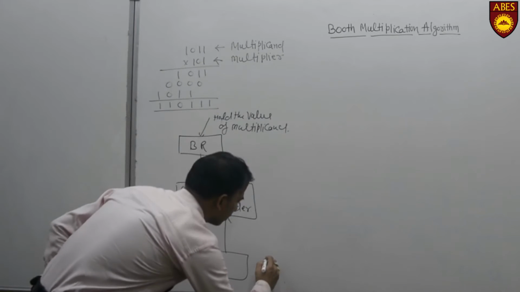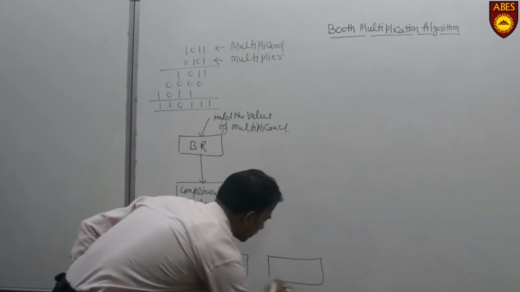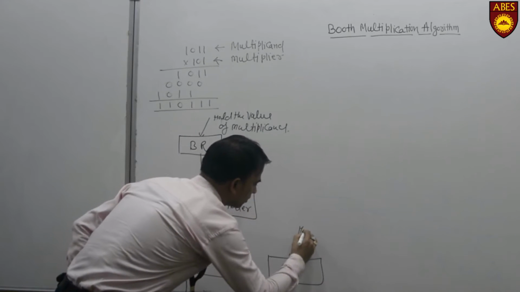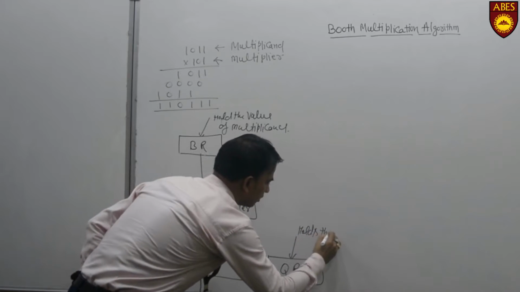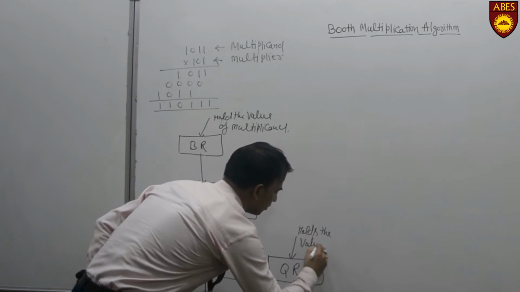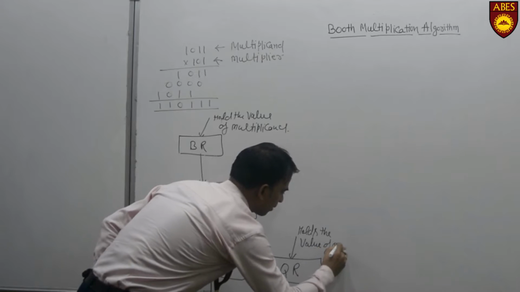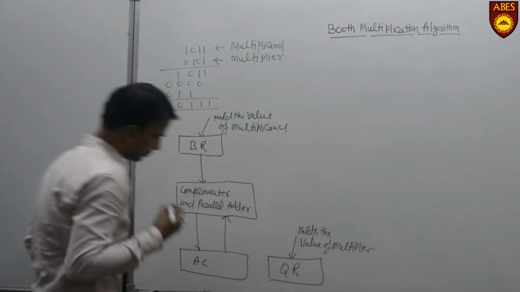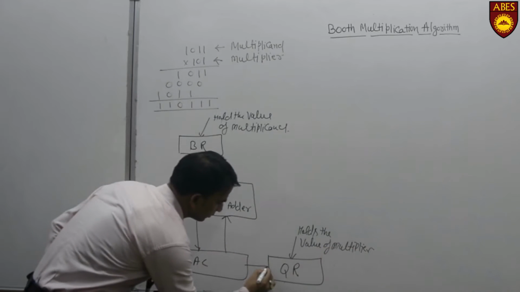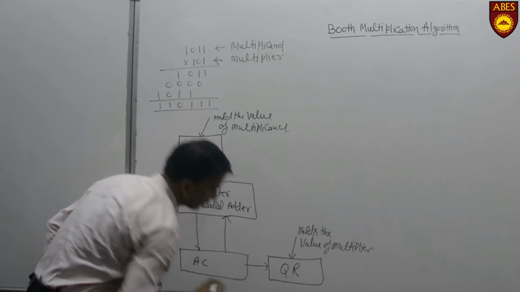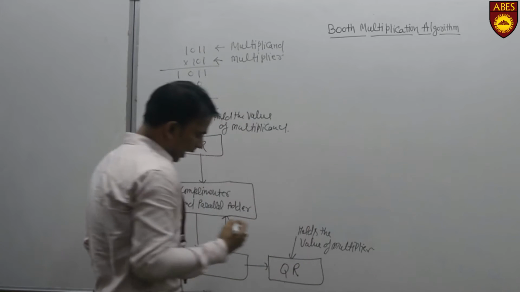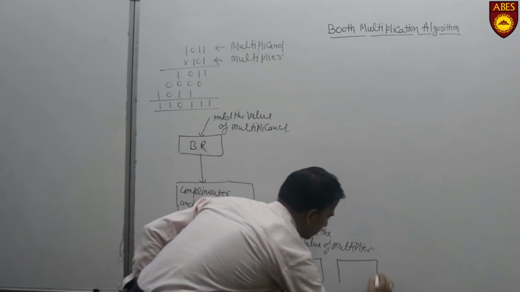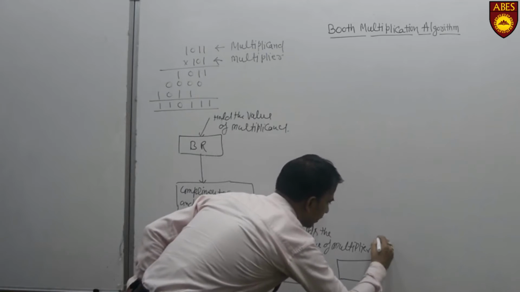We require another register called QR, which holds the value of the multiplier. And we also append an extra flip-flop called Qn plus 1.